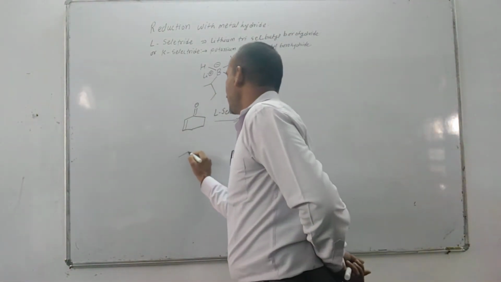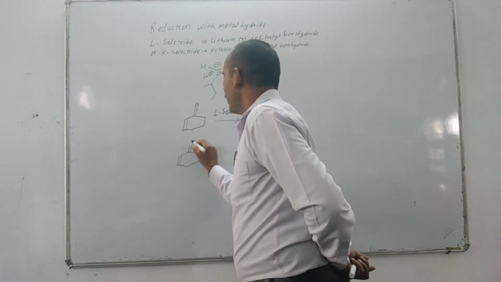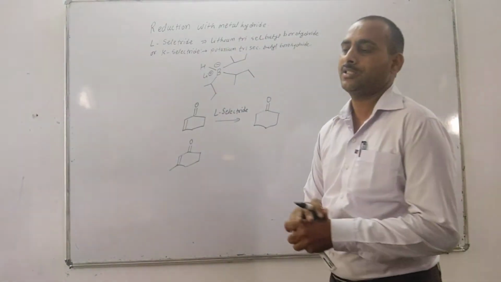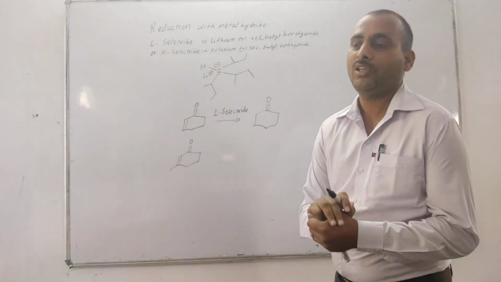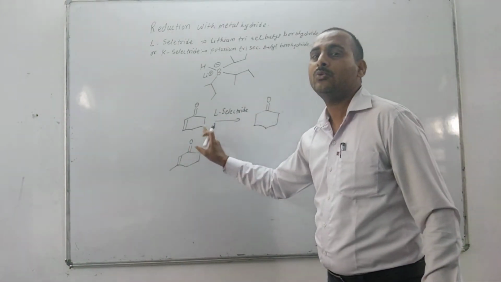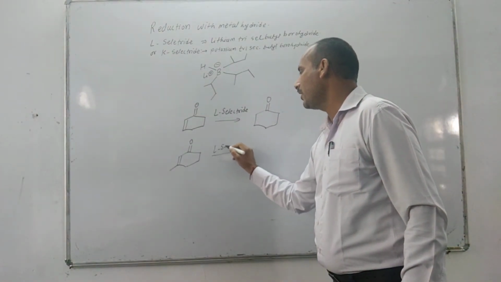Now, if there is a substituent present on the double bond, then there is steric hindrance, and therefore, because of the chemoselectivity for steric hindrance, the 1,2 reduction takes place with the same L-Selectride.